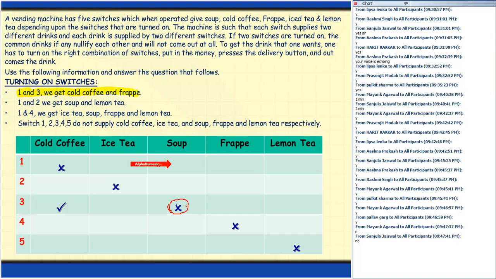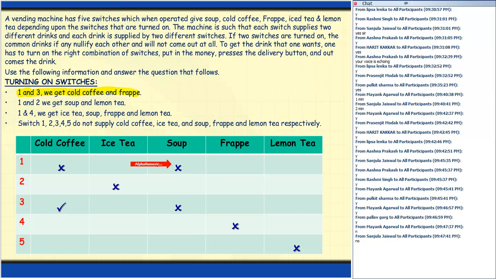You will not get a soup from here. Why? Because with the combination of 1 and 3, you should not get a soup. So if you are not getting a soup from 3, you should also not get a soup from 1. So I can cross mark it here this way. I hope this is now clear to all of you.